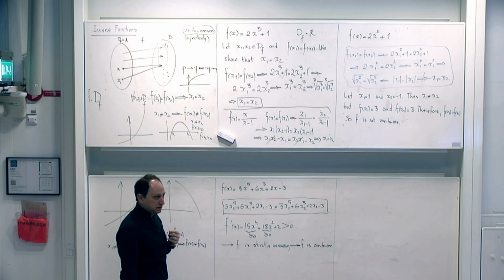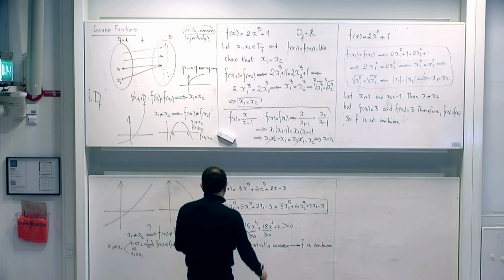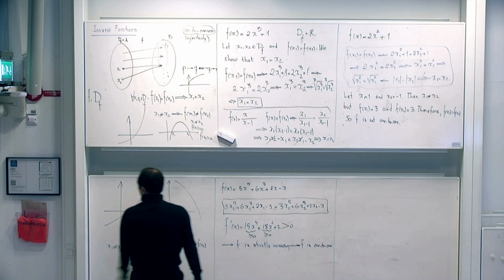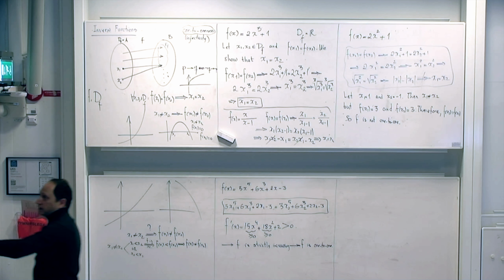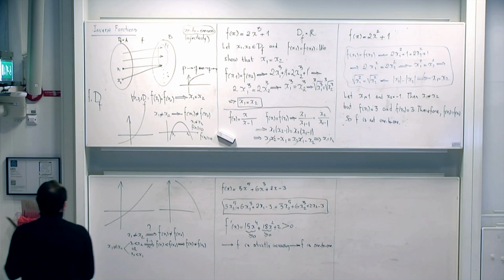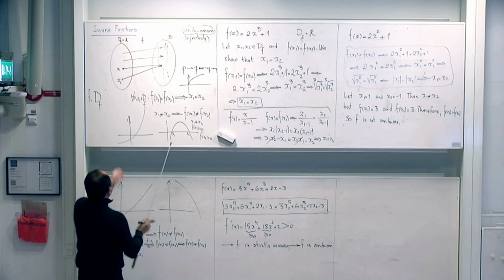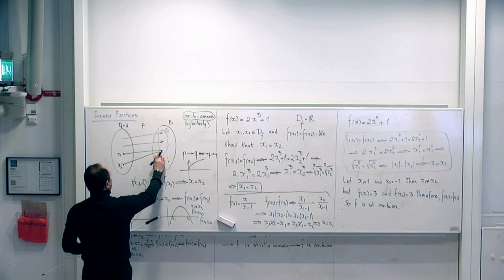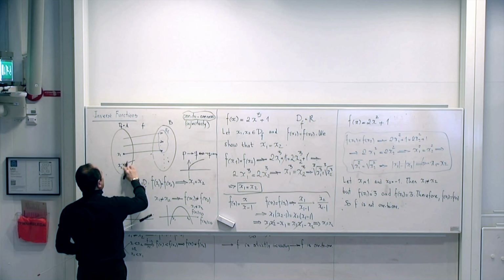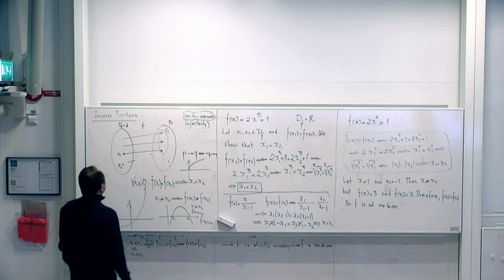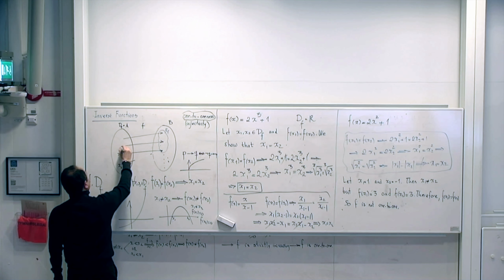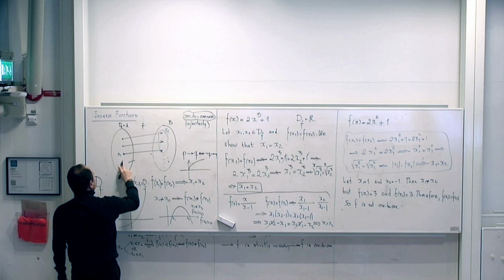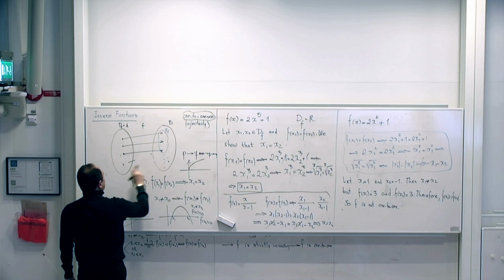Is that clear? Okay. But can you tell me, if you want to define this as a function, how do you define the inverse function? Do you remember? Let me make this diagram a little bit more clear. Let me take this one, and instead of moving x2 to this point, let me move it to this other point.